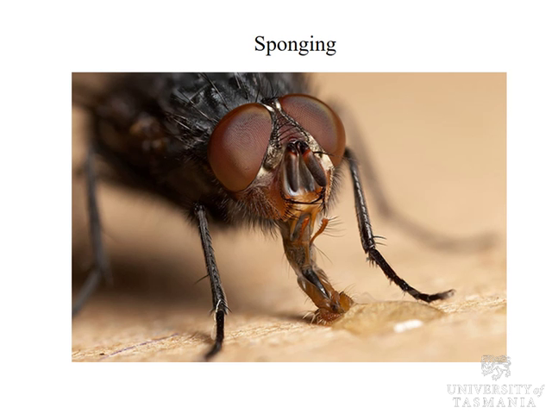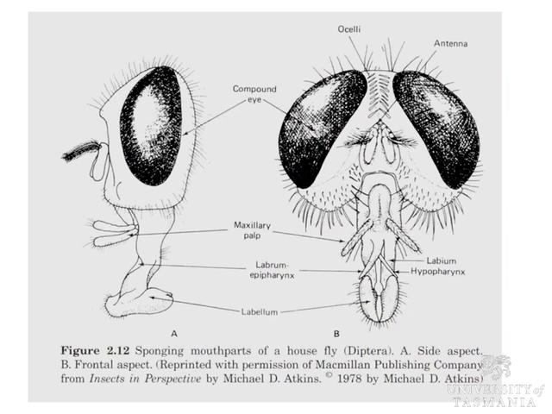Now, flies have this mouth part here, which is known as a labellum, the big sponge here. There are lots and lots of sensory hairs on those, which taste the food that they're going to take up. So they're sort of acting like a big sponge, sponging up anything that they can pick up.